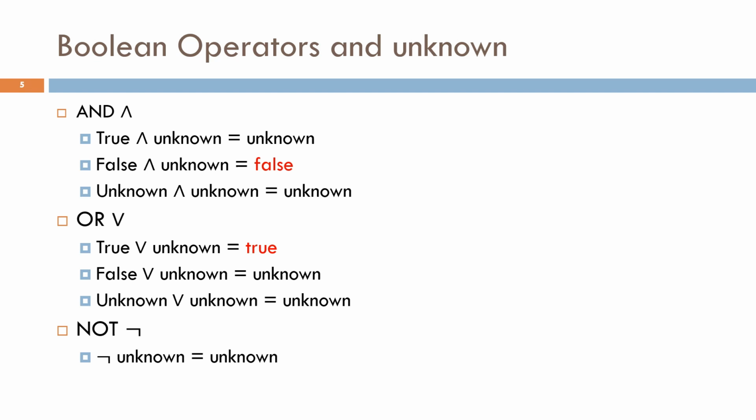On the other hand, when we combine false with unknown using OR, the result remains unknown. Again, it's the uncertainty introduced by the unknown value that affects the overall truth of the statement. And when we have two unknown values combined with OR, the result remains unknown.